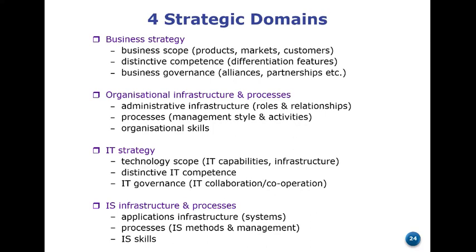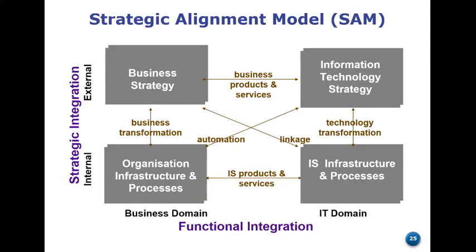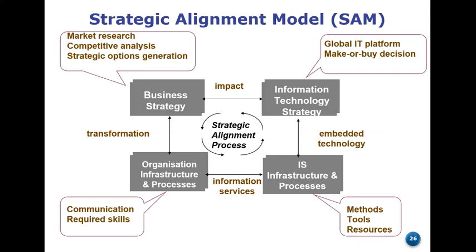Information system infrastructure and processes talk about application infrastructure, processes, and information system skills. So the business strategy and the information technology strategy have to be aligned. These slides explain how you should align that.